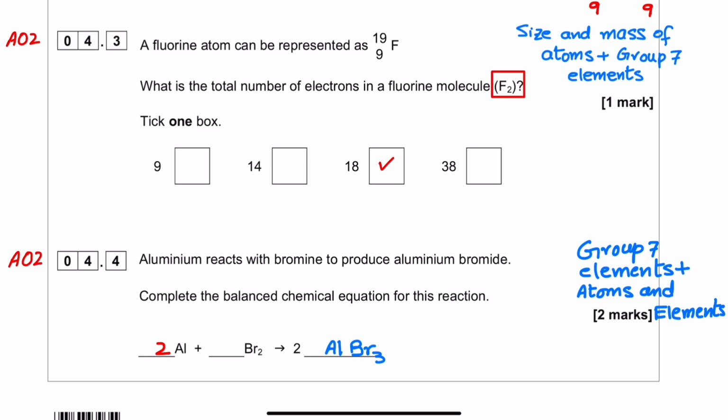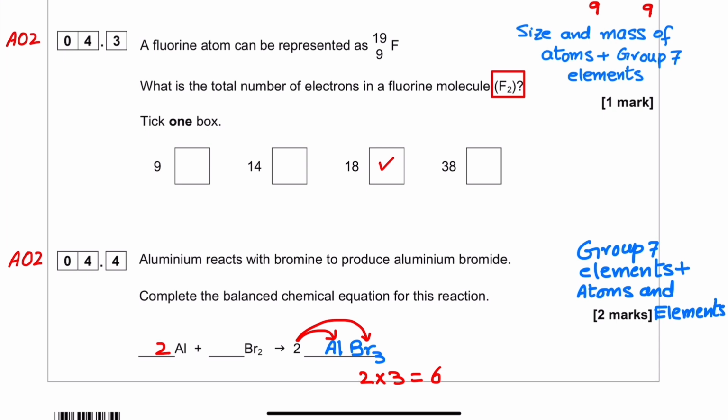We can see the bromine molecule on the left side, it is Br2. Whereas the number of bromine on the right side, we can count, that is 2 times 3, it becomes 6. Because this 2 belongs to aluminium and this 2 belongs to bromine also.